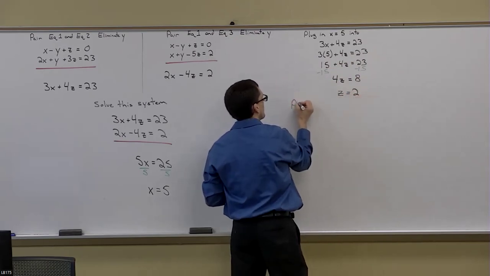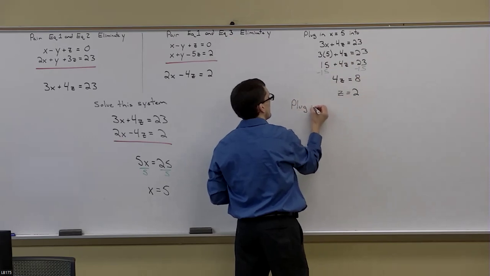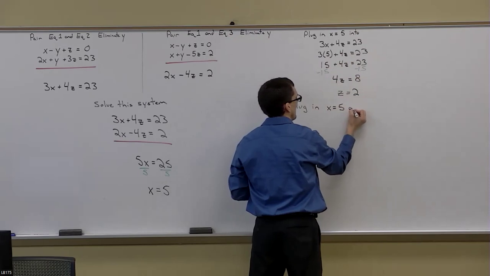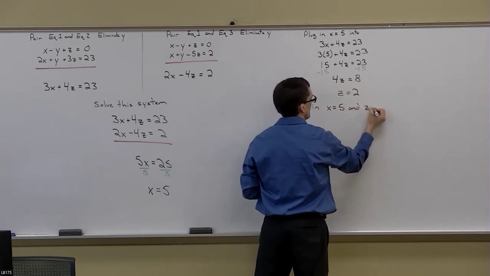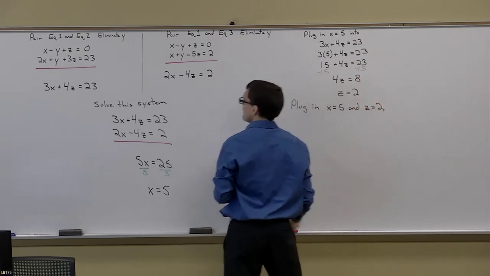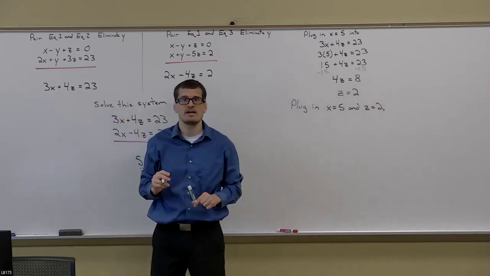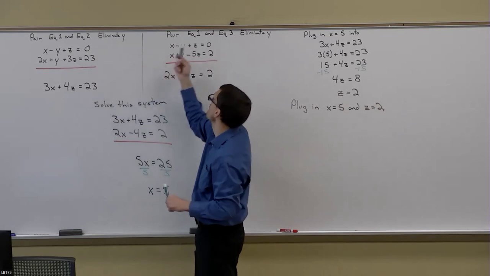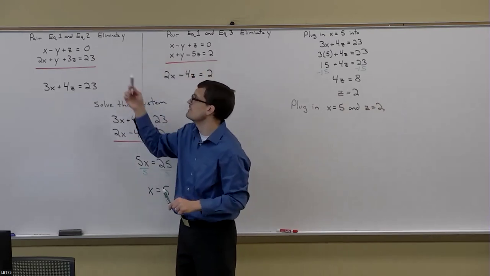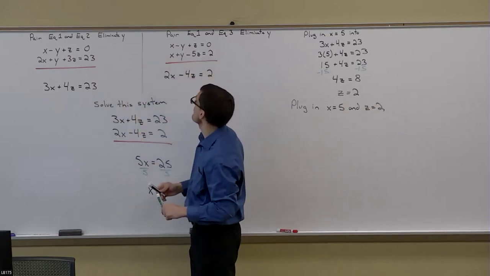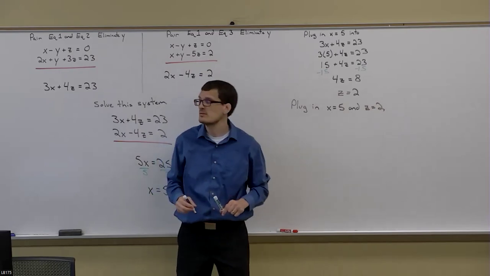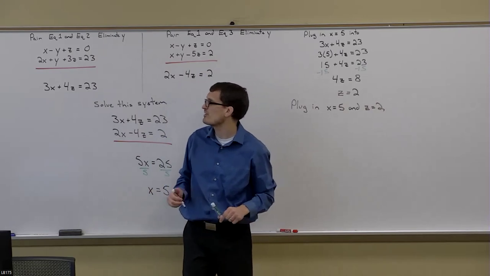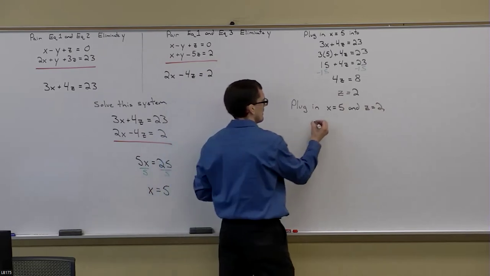And now we can plug in both x of 5 and z of 2 into one of my original equations. So one of equation 1, 2, or 3, it doesn't matter. I'm going to use equation 1, because that looks fairly simple. x minus y plus z equals 0.